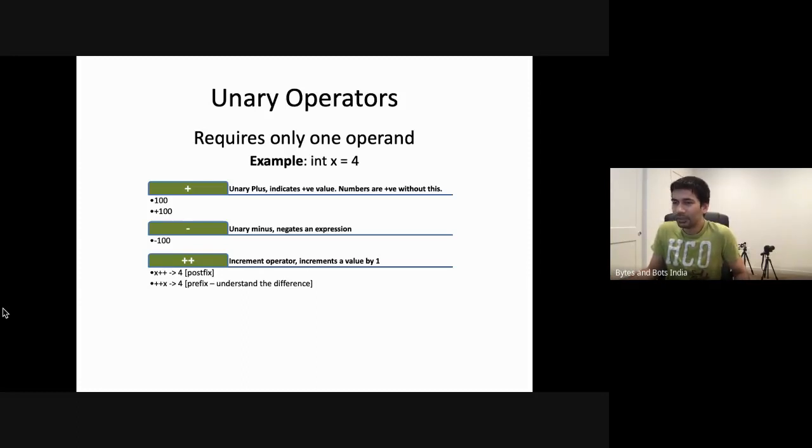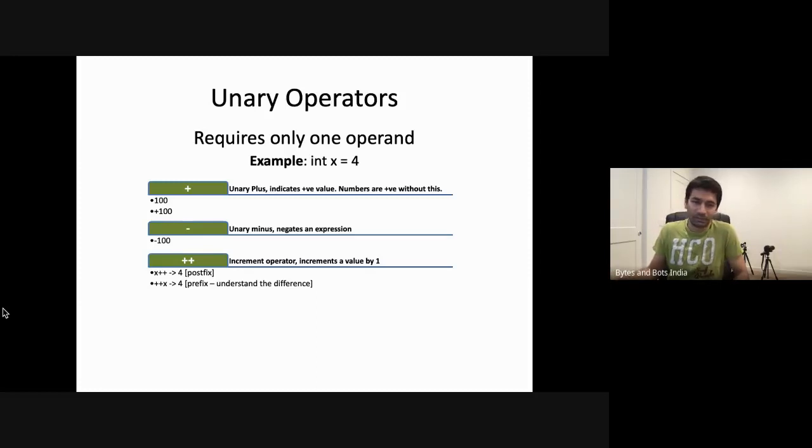The one after that is very interesting. It's called the increment operator. It increments a value by 1. It's a very old unary operator, very commonly used in the industry. If you have heard of the programming language C, the language C++ actually named itself C++ because of this operator we are looking at right here.